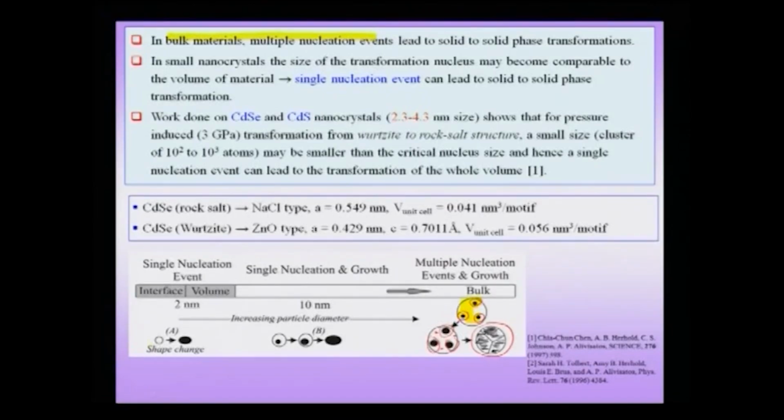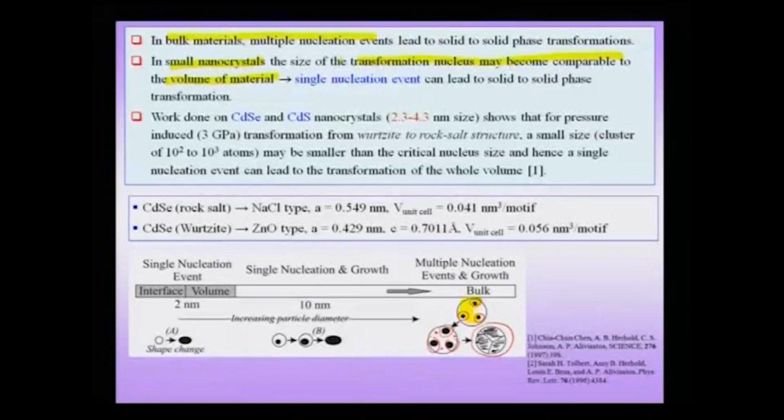Now, in the case of nanocrystals, the size of the transformation nucleus may become comparable to the volume of the material. When we talked about R star, the critical size for a nucleus, we noted that it is of the order of 1 to 10 nanometers, the nanoscale. Therefore, a single nucleation event may lead to a solid to solid phase transformation in a nanocrystal, which is very different from the case of a bulk crystal.